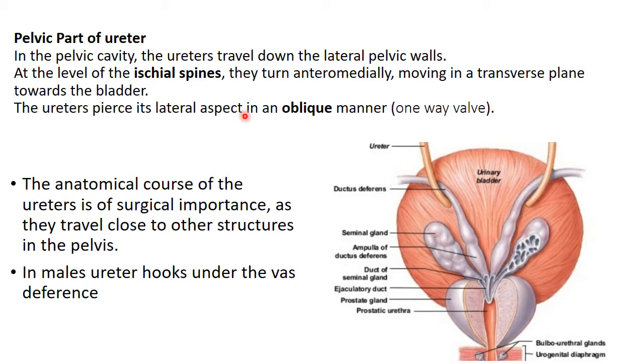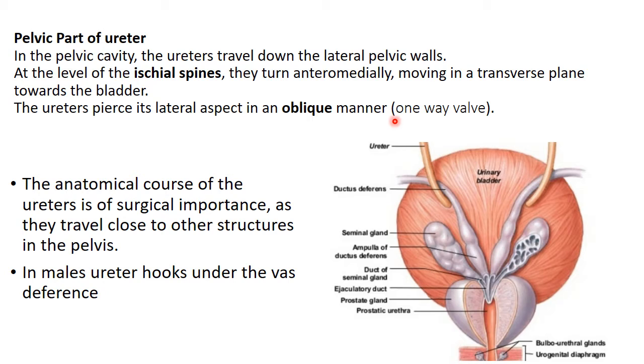This oblique course of the ureter within the muscular wall acts as a valve. Because of this, whenever there is filling of the urinary bladder, pressure increases, and the wall of the urinary bladder itself compresses the lumen of the ureter and closes it, so there is no regurgitation of the urine upwards.